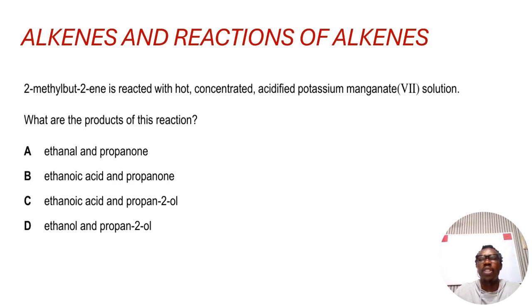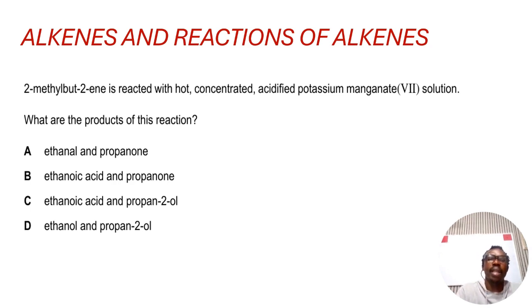What are the products of this reaction? Alkenes undergo oxidation reaction using acidified potassium manganate(VII) solution, so the product formed depends on the condition of the oxidizing agent. And the condition here is what? Hot concentrated acidified potassium manganate(VII) solution.